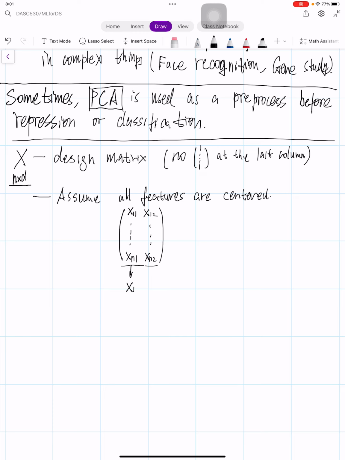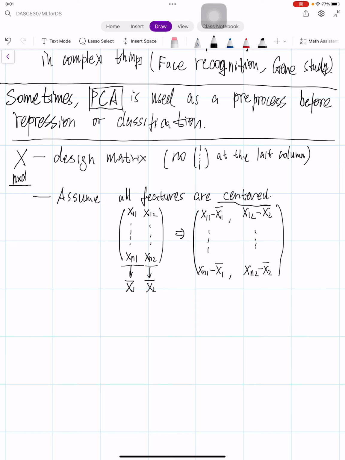sample mean x1 bar. We can also calculate x2 bar. Okay, we center, which means each column x11 subtracts x1 bar, xn1 subtracts x1 bar, x12 subtracts x2 bar, xn2 subtracts x2 bar. So that's what centered means here.